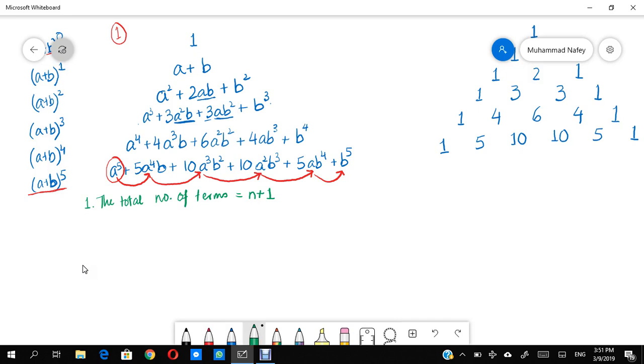So, the second observation from this triangle is that the first term of the binomial has a maximum power in the beginning of the expansion.